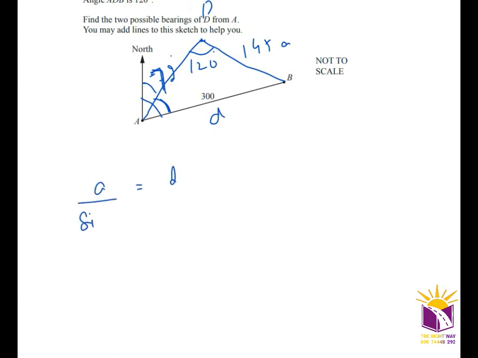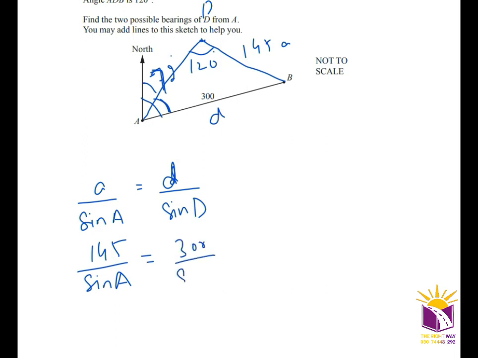A over sine A will be equal to D over sine D. A is 145. I have to calculate the angle A. D will be equal to 300 and sine D will be equal to sine 120.